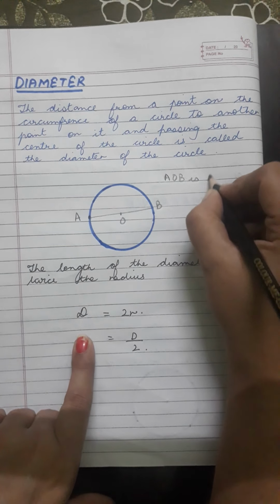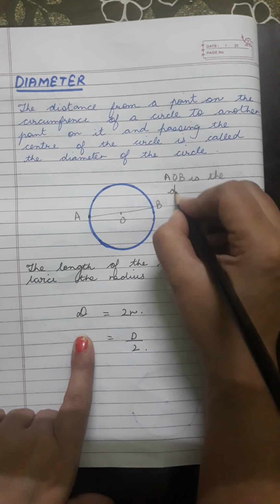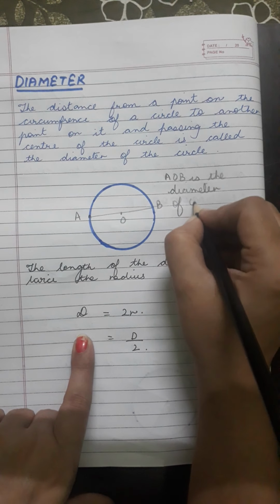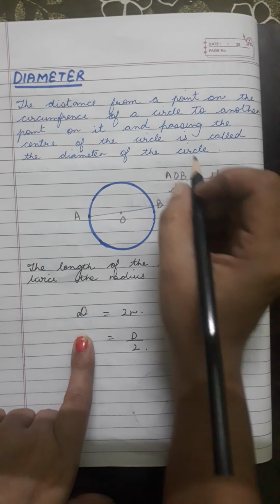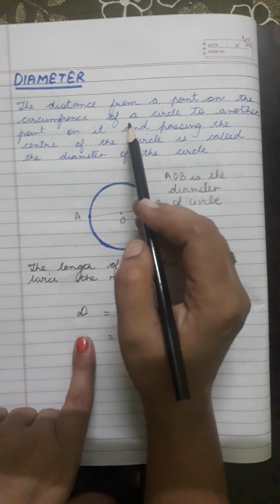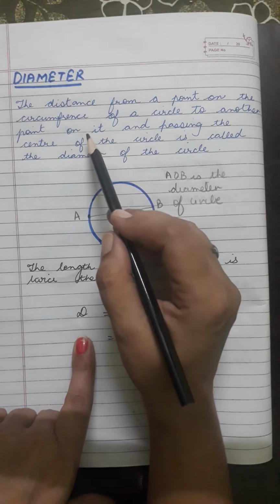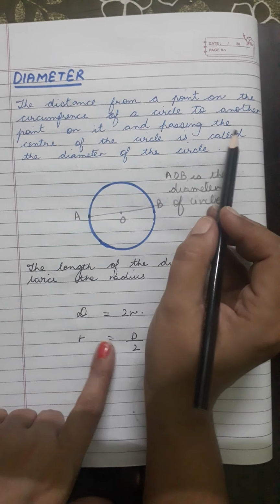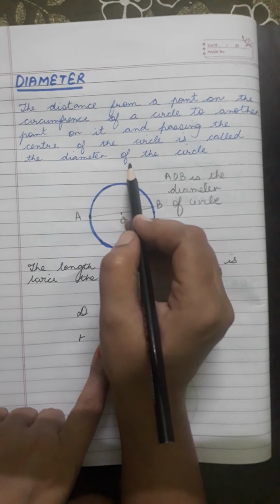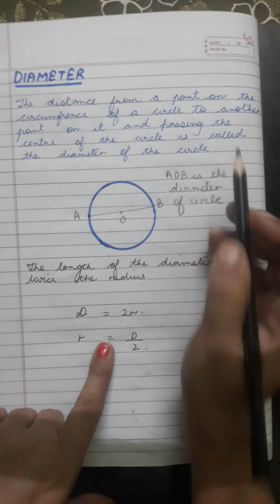So AOB is the diameter of the circle. It is the distance from a point on the circumference of a circle to another point on it, passing through the center of the circle. It is called the diameter of the circle.